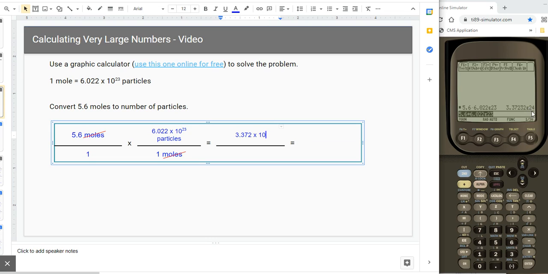And the 24 is my exponent. I'm going to put an exponent of 24. And my units here are particles. In the bottom, I just end up with 1 times 1, no more units, because we canceled out moles. And so my final answer is just this right here. My final answer is 3.372 times 10 to the 24th particles. And you're done.